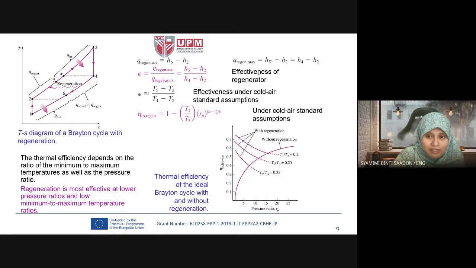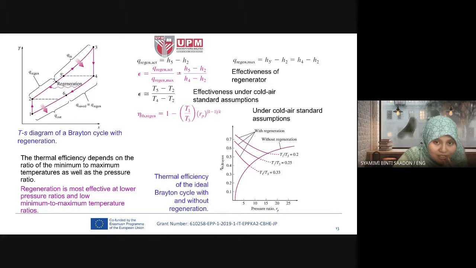The effectiveness of the regenerator is the actual heat that can be regenerated over the maximum heat regeneration, like the efficiency of the regenerator. And the thermal efficiency of the whole cycle with the regenerator becomes this after rearranging the equation.